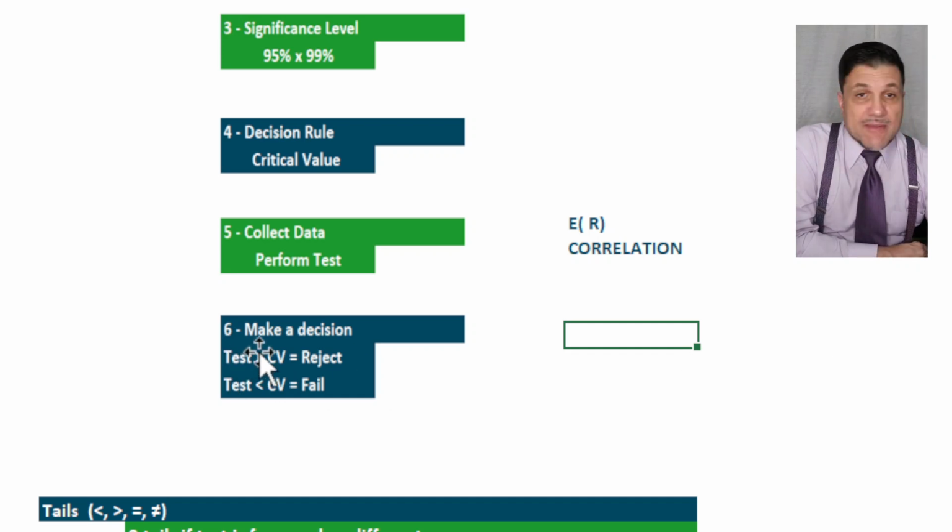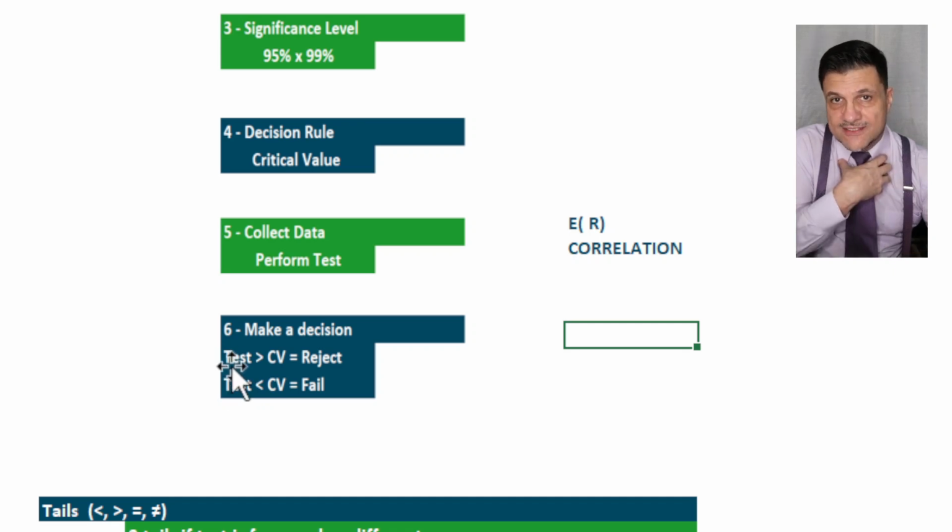Then make a decision. I call this, maybe it makes sense for some of you, that the critical value calculated will be compared with the critical value pre-assigned, or predetermined.